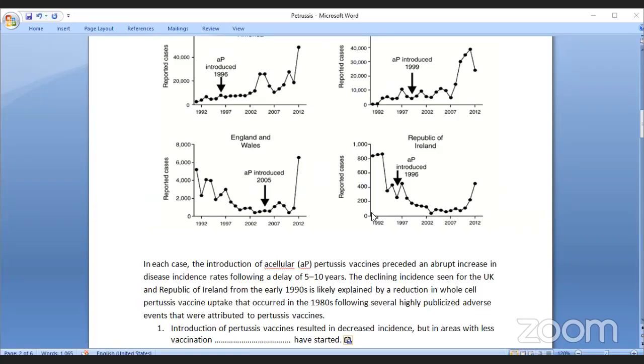Okay. Introduction of pertussis vaccine resulted in decreased incidence, but in areas with less vaccination, dash have started. Declining incidence seen from the UK.